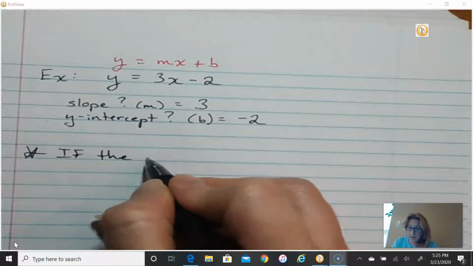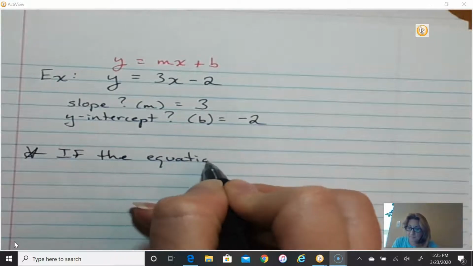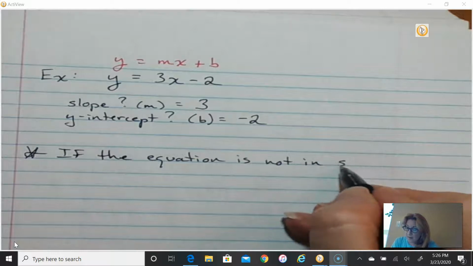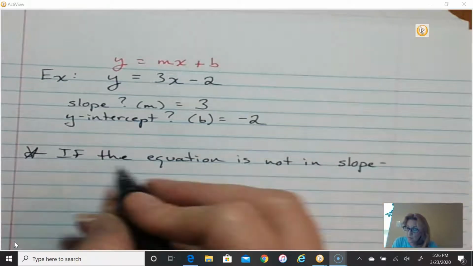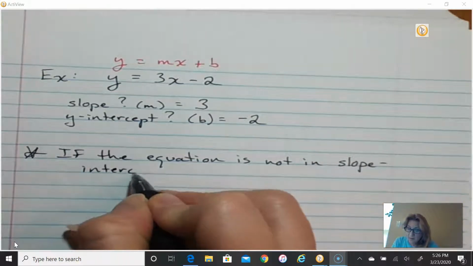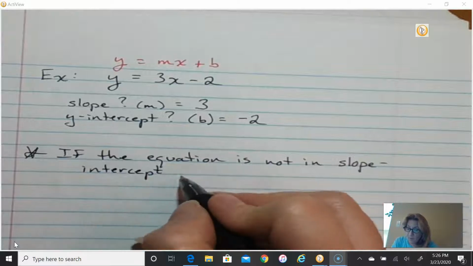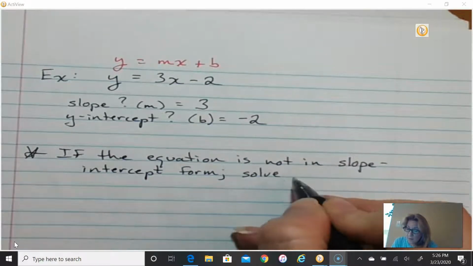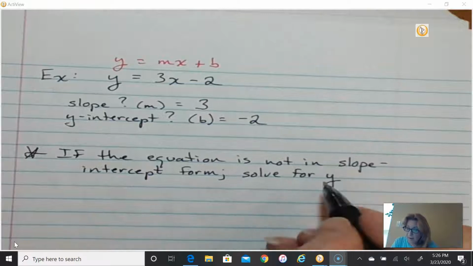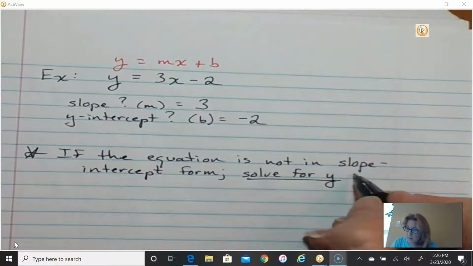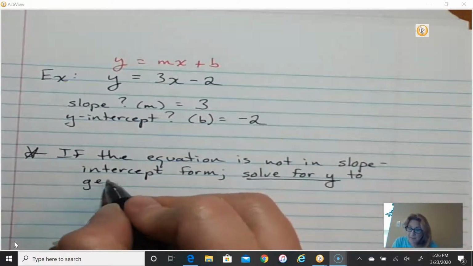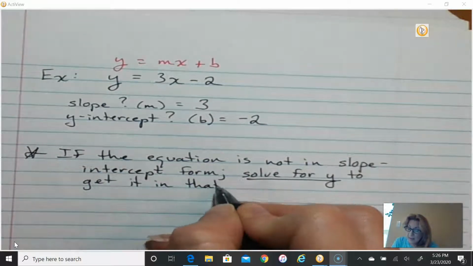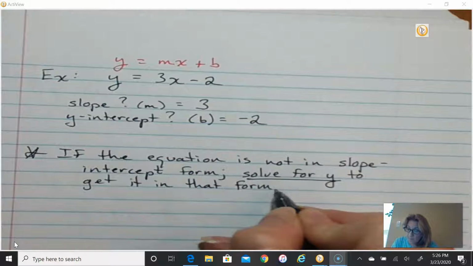If the equation is not in slope-intercept form, solve for y to get it in that form.